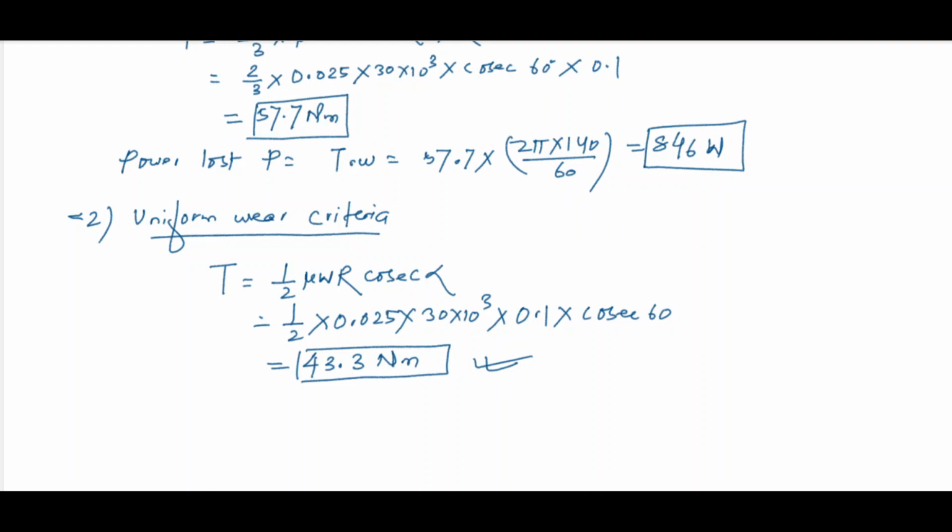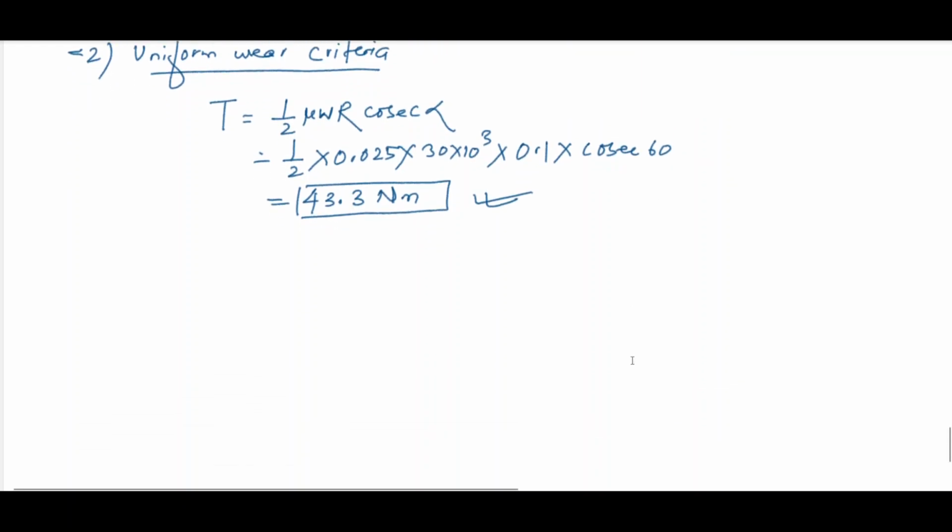Then power lost P you can calculate as T dot omega, so 43.3 into your 2 pi N by 60, which is 14.66, so this will come around 634.8 watt.